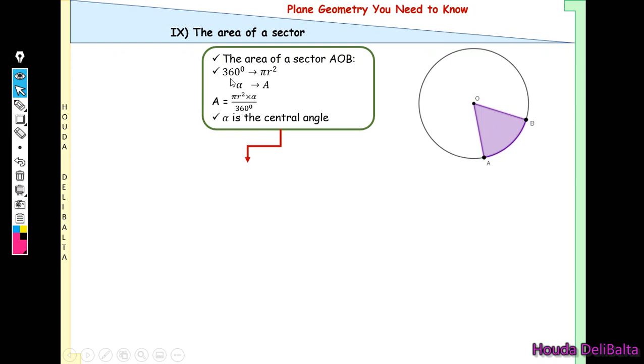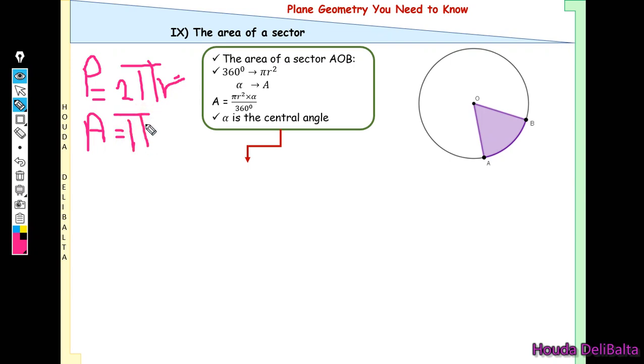Now, to find the area of that sector, we use the same method we used previously, but here we are relating 360 degrees to the area of the circle, which is pi r squared. So we have to remember that the perimeter of a circle is equal to 2 pi r, and the area of the circle is equal to pi r squared. When we are dealing with length of an arc, we use the perimeter, and when we are dealing with areas of sectors, we use the area.